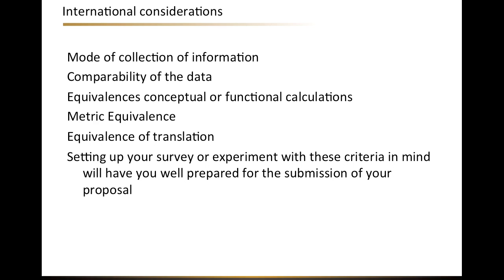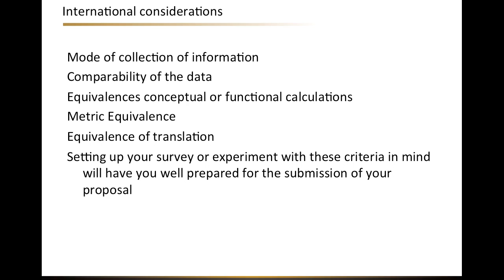Equivalence of translation: there's a process referred to as back translation. If you need to translate across languages, you get a native speaker to translate from the foreigner's language into the native speaker's language, and then you get a native speaker of the original language to translate back from the translated language.